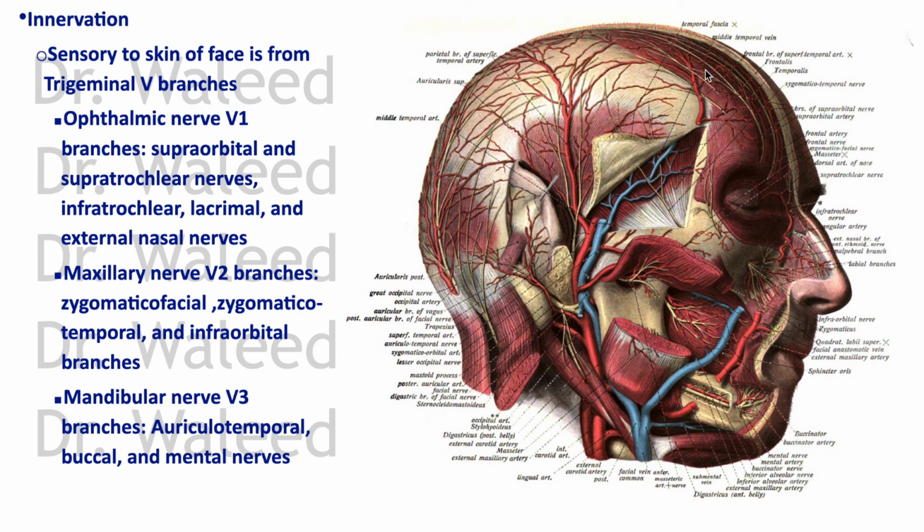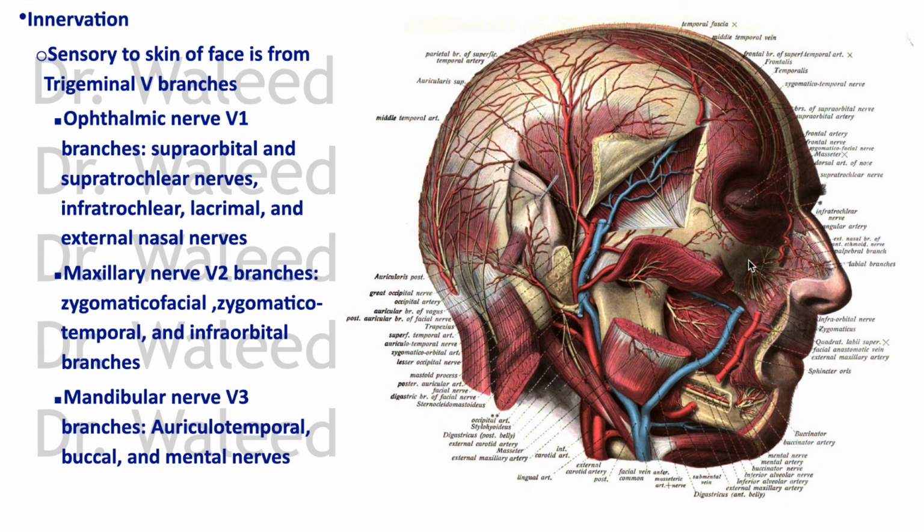See how far they go back to the vertex. And supra and infratrochlear nerves, these two tiny nerves, you see them? This one and this one. One above the trochlea of the superior oblique, one below the trochlea of the superior oblique, and we will study this. Now, this from ophthalmic.